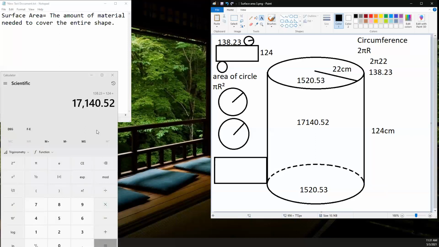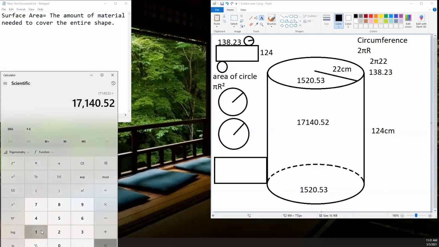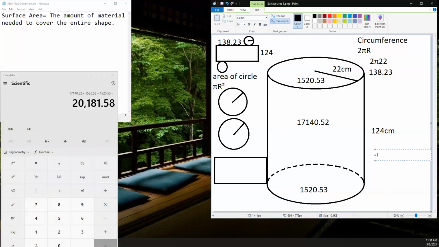So 17,140.52 plus 1,520.53 plus 1,520.53 equals total surface area, 20,181.58 centimeters squared.